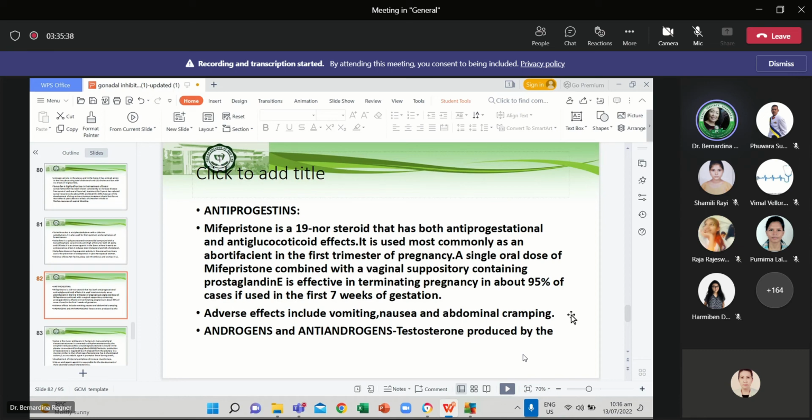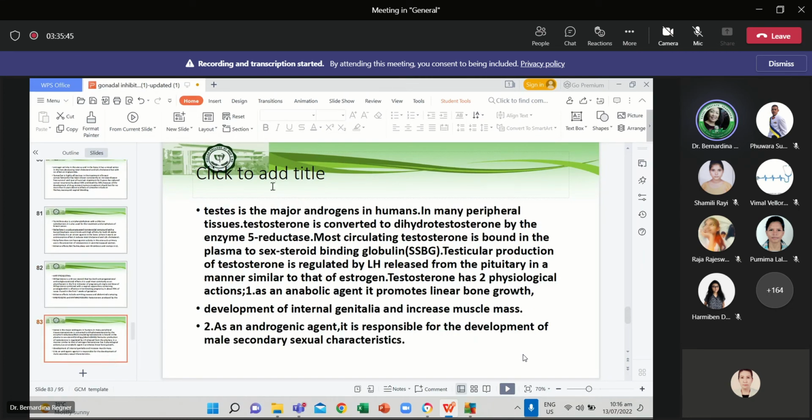Okay, androgens and anti-androgens. Testosterone is produced in the testes. This is the major androgen in humans. In male peripheral tissues, testosterone is converted to dihydrotestosterone by the enzyme 5-alpha reductase. Most circulating testosterone is bound in the plasma to SSBG, the sex steroid binding globulin. Testicular production of testosterone is regulated by LH released from the pituitary, in a manner similar to estrogen.